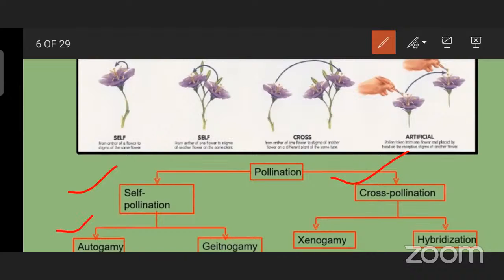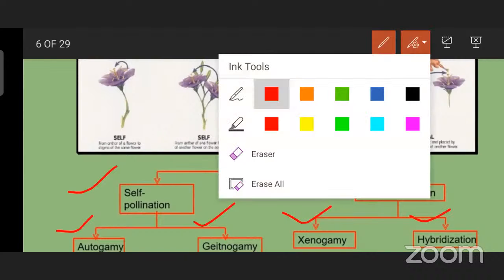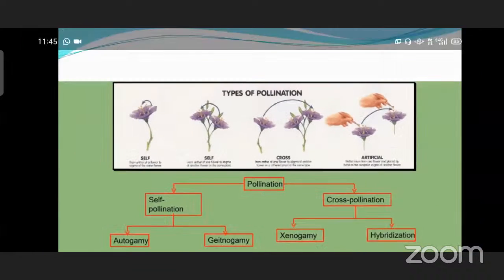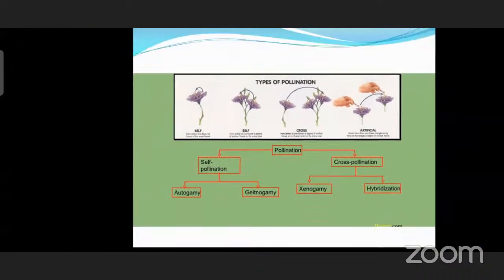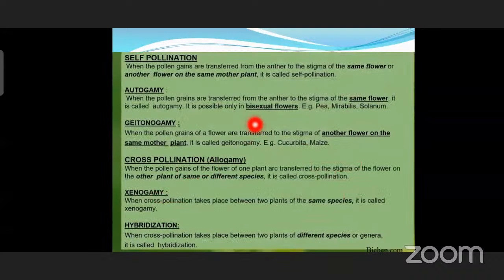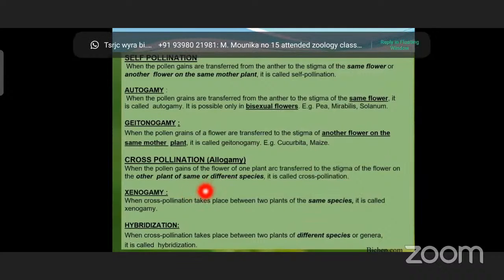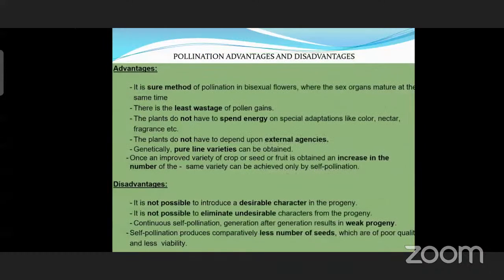Self-pollination is again divided into two types, autogamy and geitonogamy. Cross-pollination is also divided into two types, xenogamy and hybridization. We'll go with the next slide.